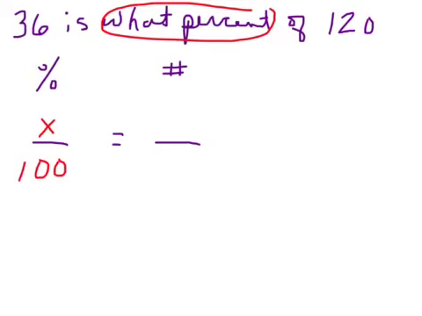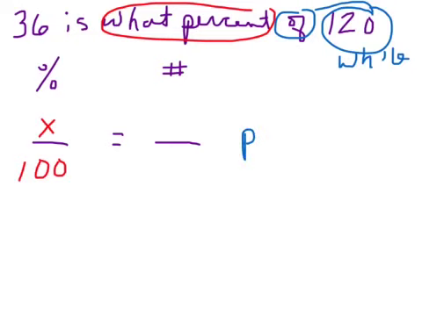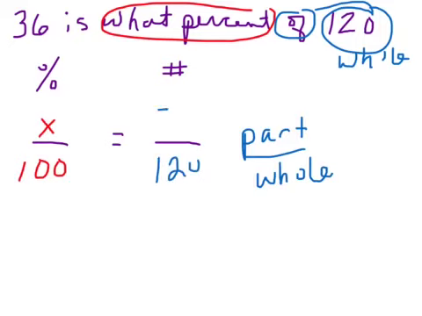And basically, 36 is part of 120, right? Again, if you think about it, "of" tells me the whole's coming next. So here's my whole right here. And on my fractions, I'm always setting them up as part to whole. So the whole is 120, and we want to know what part 36 is of 120.